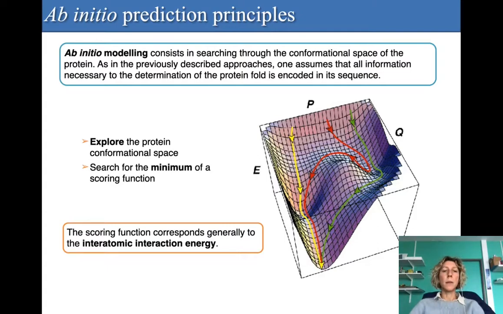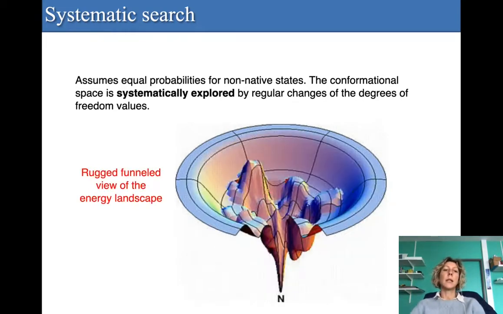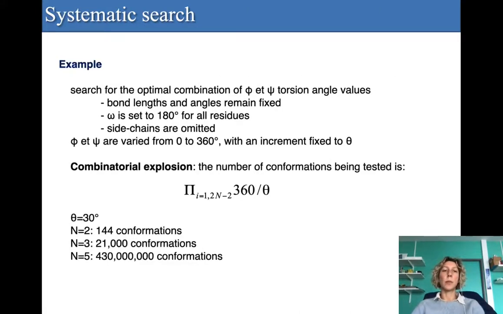And well, you're going to try to just move in this space according to the scoring function that you define. Okay, so we can have a naive approach, say I'm going to explore it uniformly, but we know it's not the case. The energy landscape is not a golf course model. So it's rugged, funneled, that's the hypothesis, and we're going to try to exploit these properties.